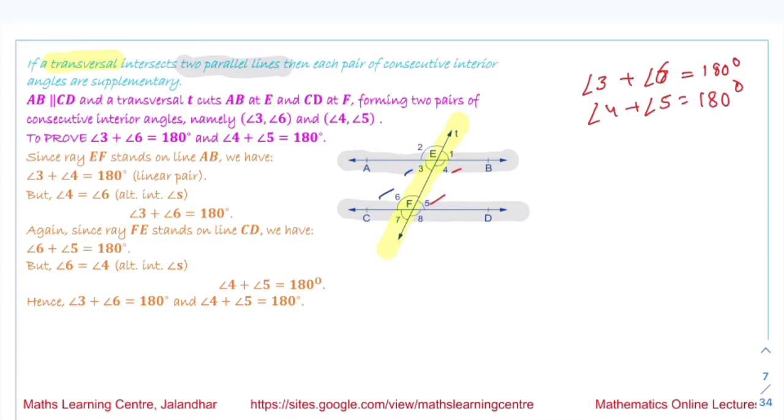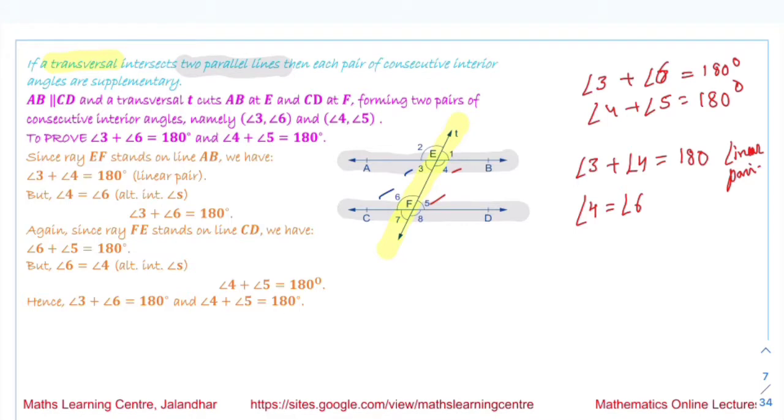To prove this, we start by saying the sum of angle 3 plus angle 4 is equal to 180 degrees, because it is a linear pair. Next we have angle 4 equal to angle 6. Why?